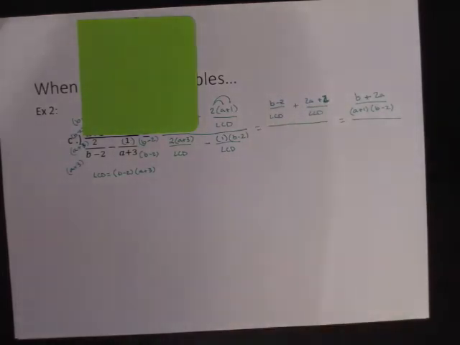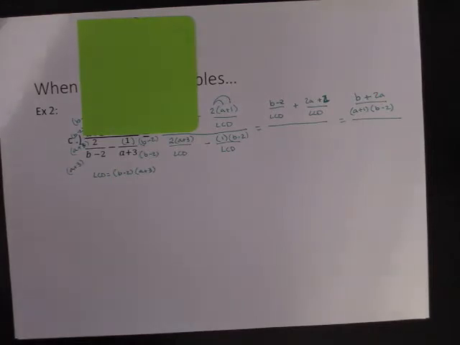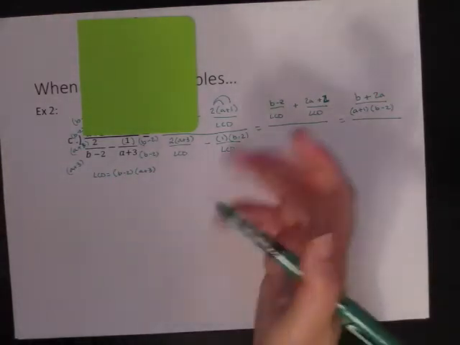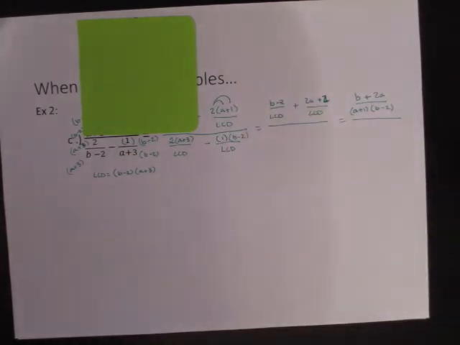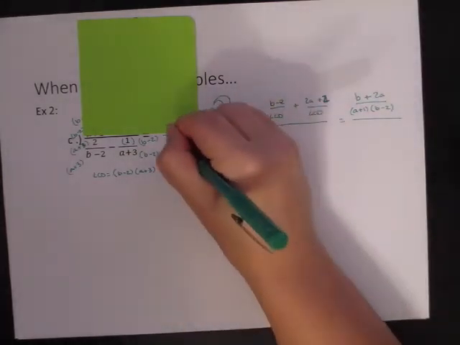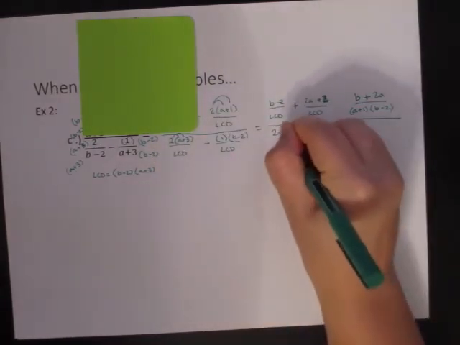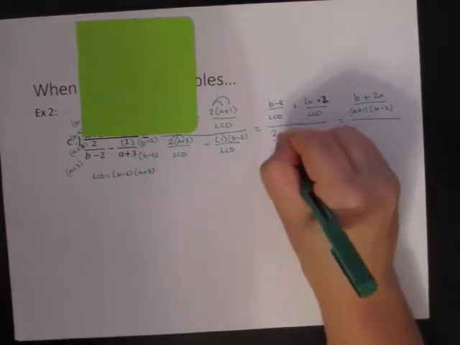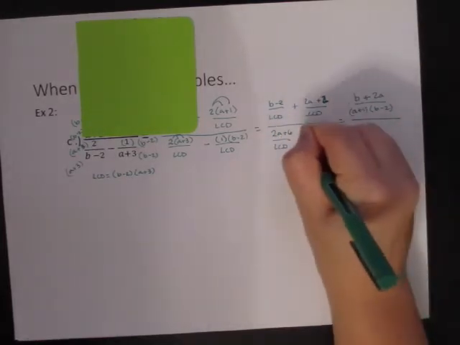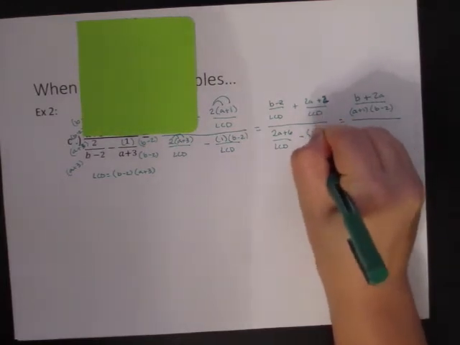Okay, so next thing I have to do is I have to distribute the 2, and the 1 times any number is just going to be 1. So I could have just left it as b minus 2. I just wasn't thinking. Alright, so when I distribute that 2, I'm going to be left with 2a plus 6 over LCD. And I got minus, and in parentheses, b minus 2 over LCD.